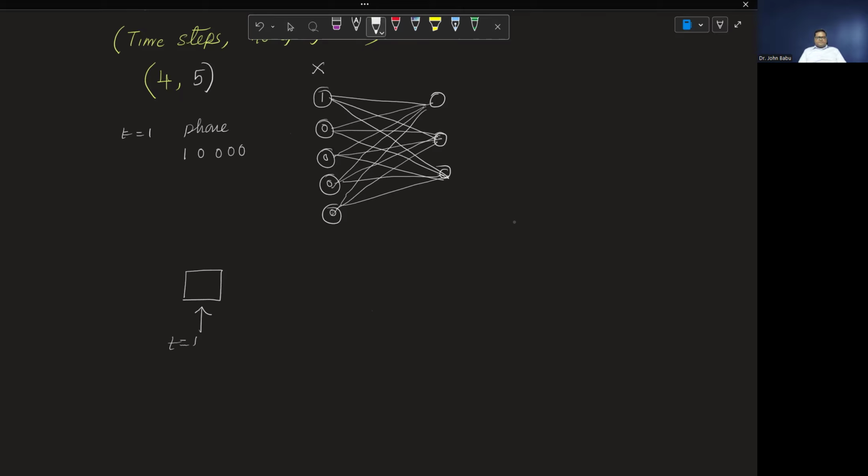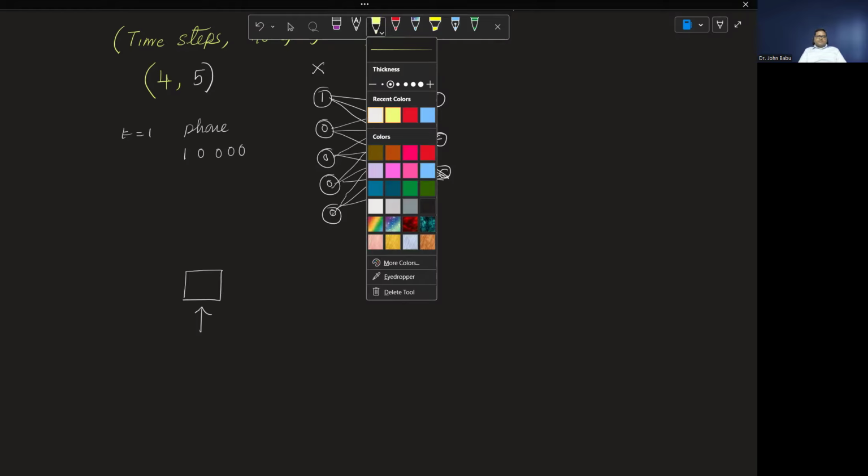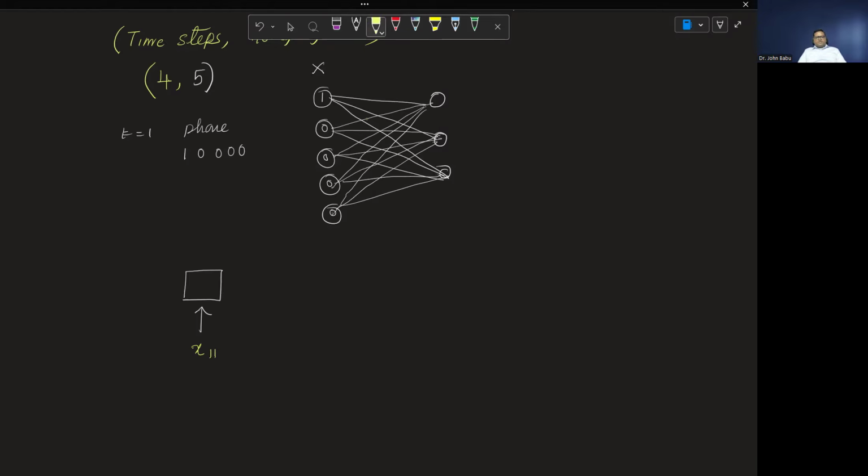I'm sending x11 when time is equal to 1 to the hidden layer, and from the hidden layer, we can get the output. This is time 1.